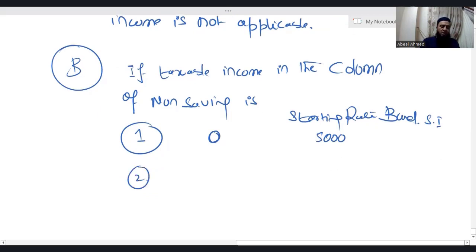Second, let's say if your taxable income after deducting the personal allowance from the non-saving income is, let's say, 2,000, on which the applicable tax rate is 20%. Then starting rate band available to you is 3,000.